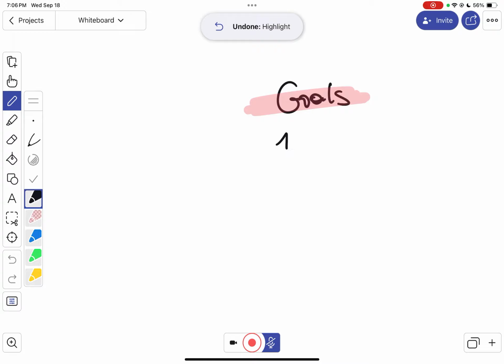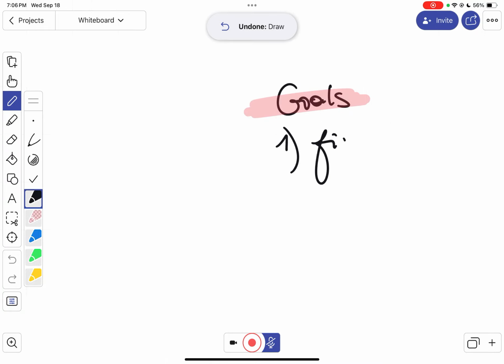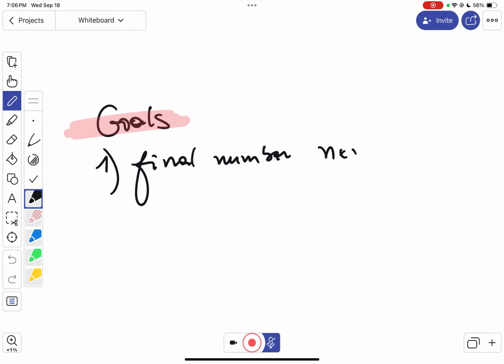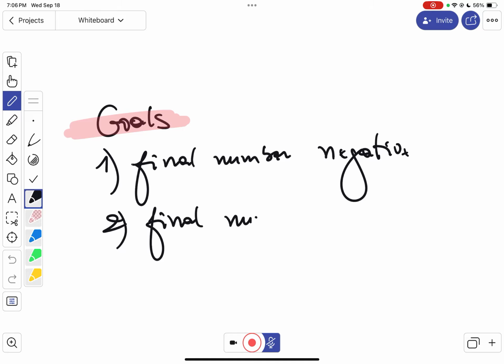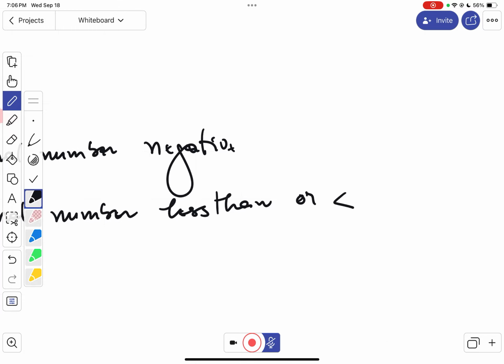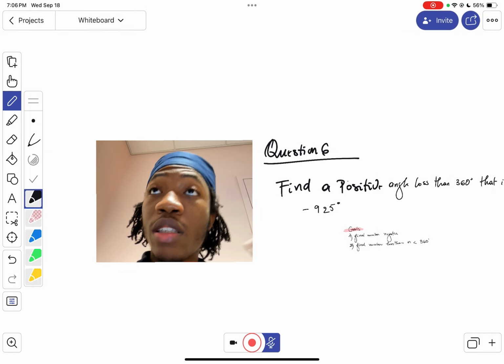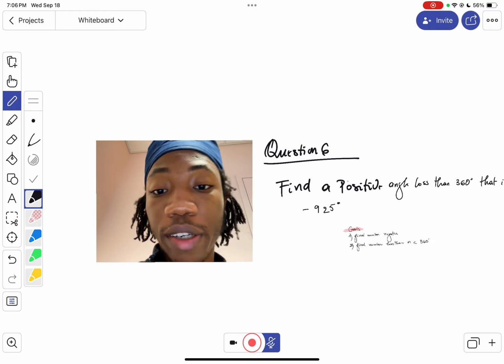Goal 1: the final number needs to be positive. And the second requirement: the final number needs to be less than 360 degrees. So we're going to start. Each time we're going to either add or subtract to get this final number.